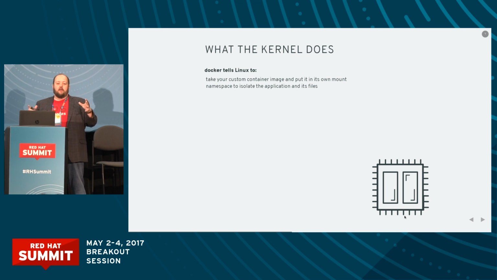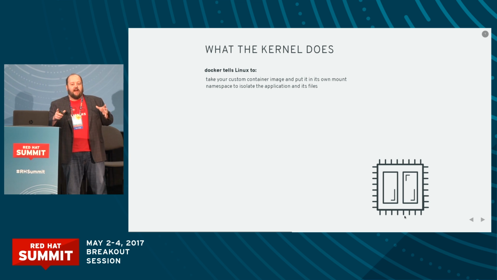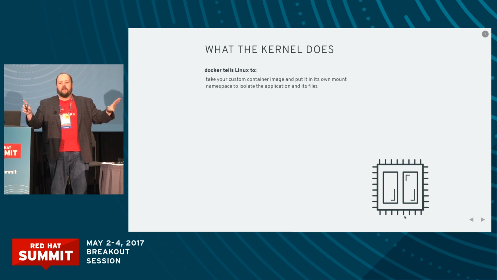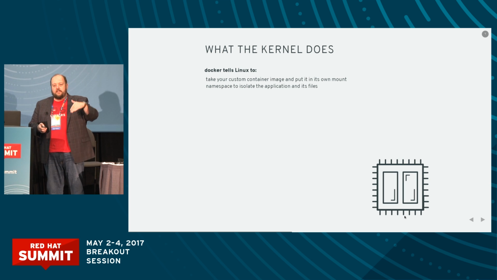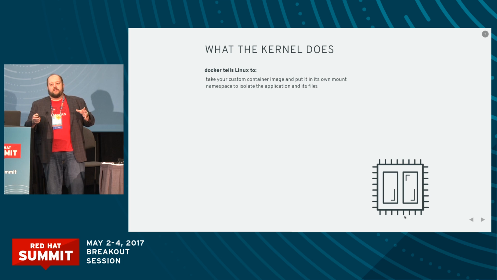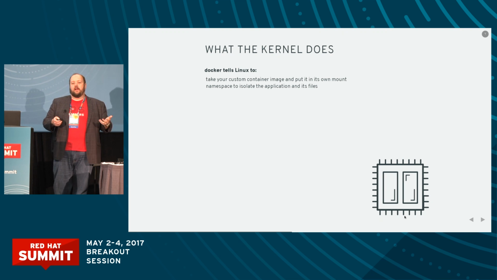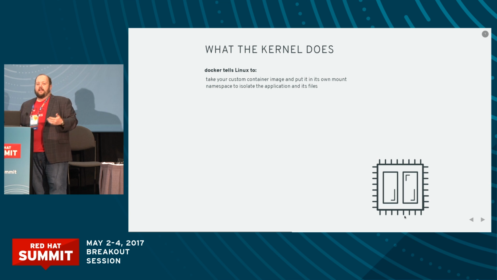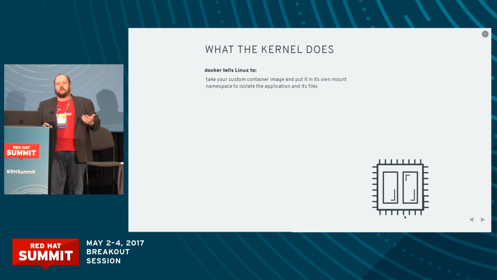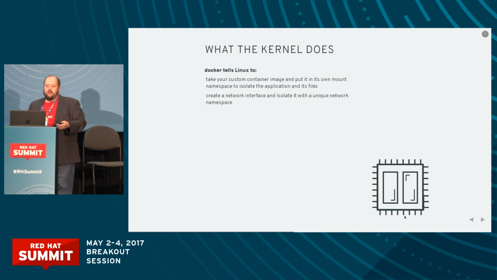We put them in what's called a mount namespace inside the kernel. And that mount namespace makes that chunk of the file system feel like it's isolated. It can't see anything else on the host. We can see into it, it can't see out of it. So my application's file system feels like it's isolated. That's why every container can have its own temp directory and its own /etc and its own set of libraries. That's all possible because of the mount namespace. So that voodoo magic, no, it's just a mount namespace.